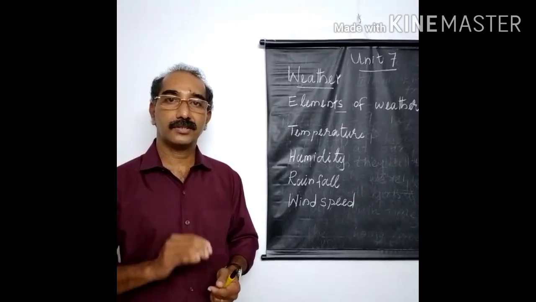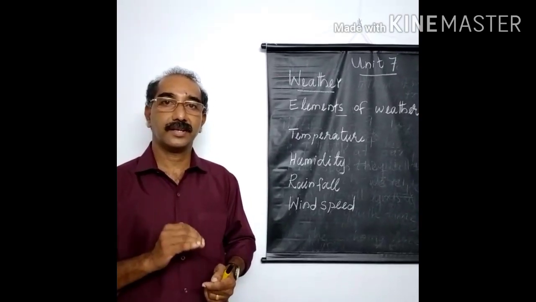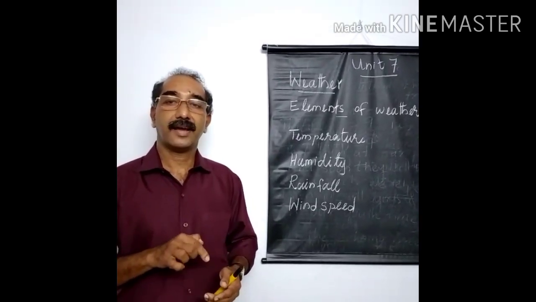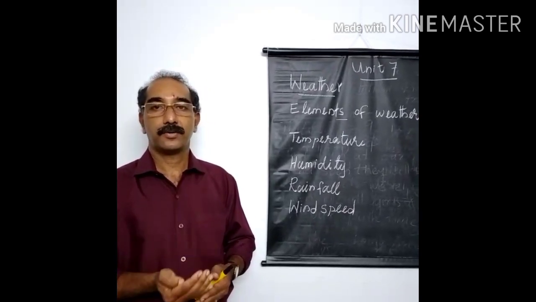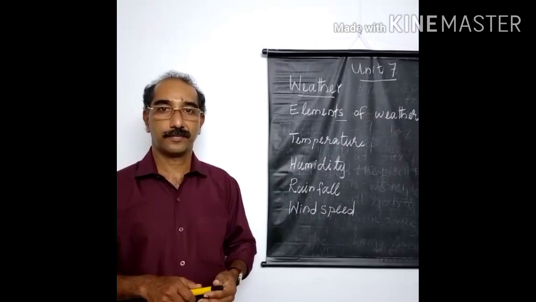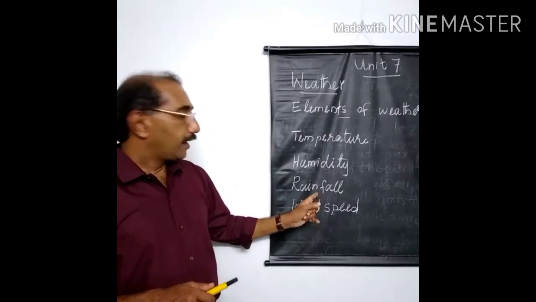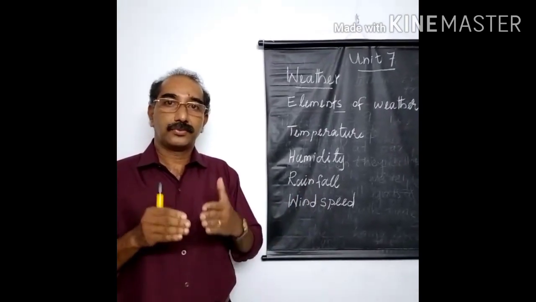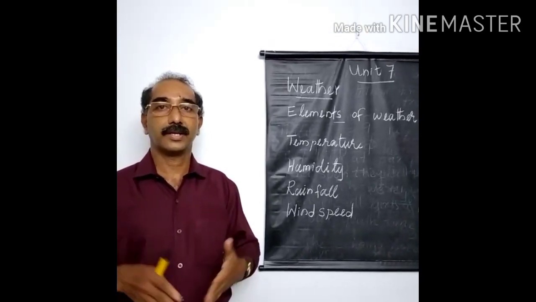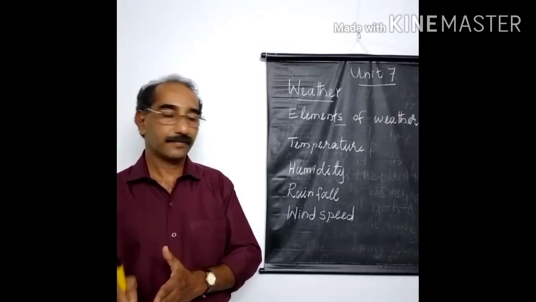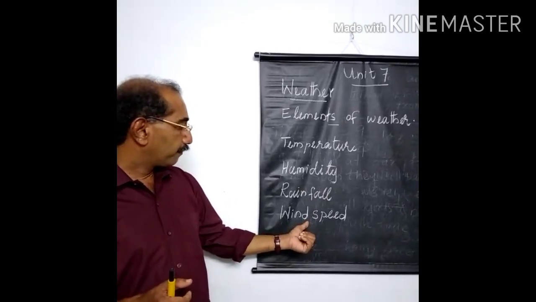And the highest rainfall received in a month is 950 millimeters in Trivandrum in the same year, in August. I will show you the picture of the rain gauge, the instrument used to measure rainfall, at the end of this class.